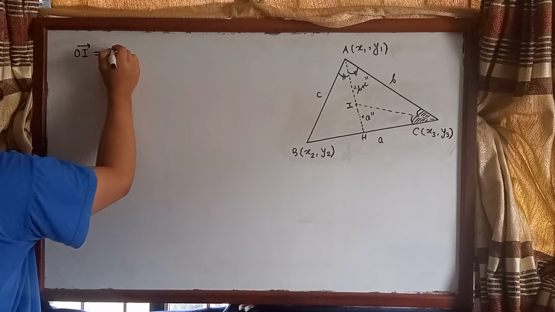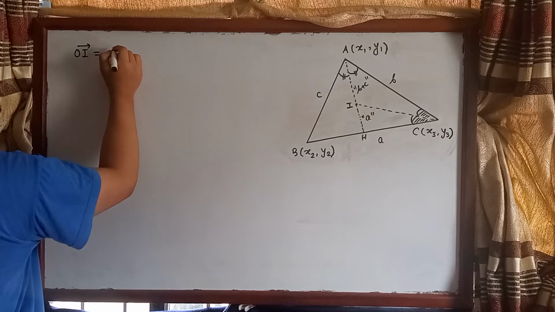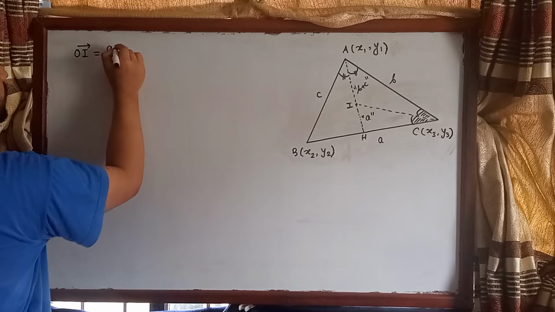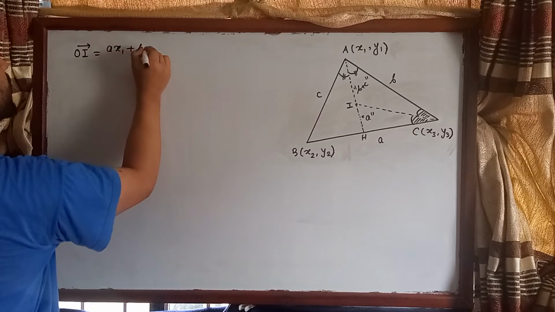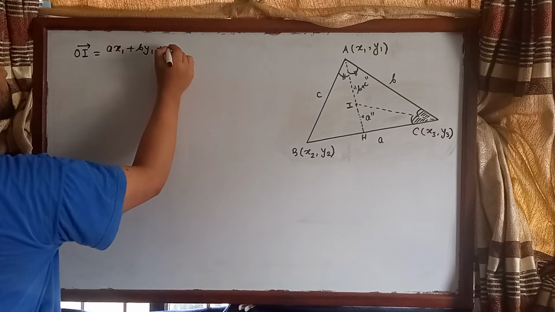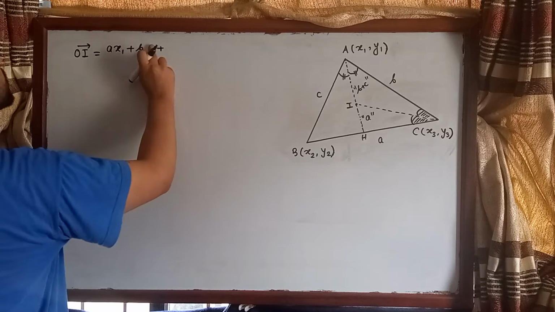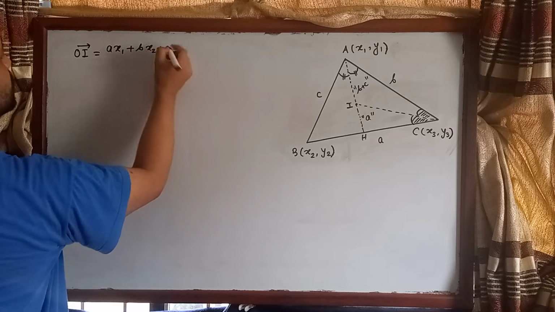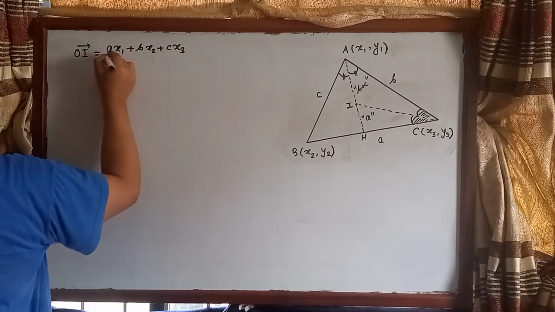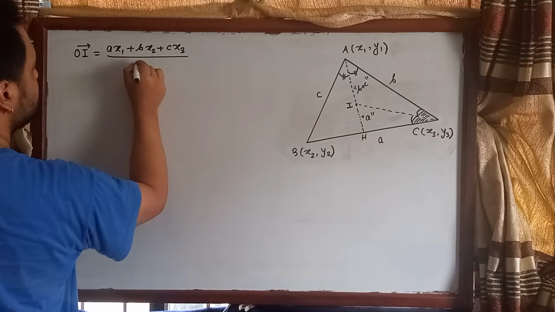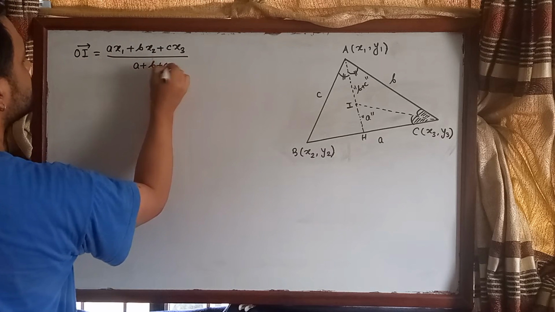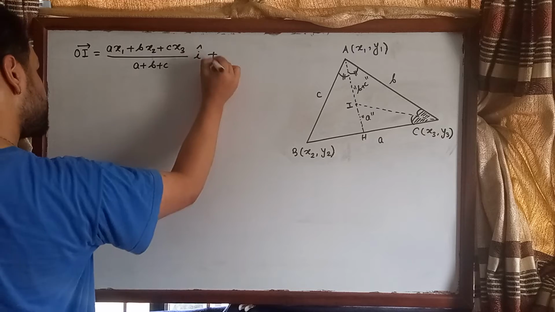So OI is equal to, what are we going to get? We had AX1 plus BX2 plus CX3 over A plus B plus C i, isn't it?